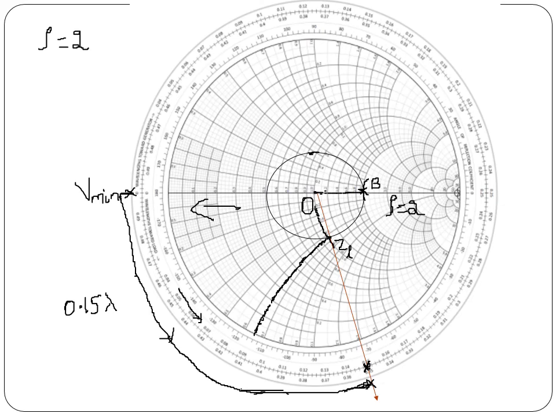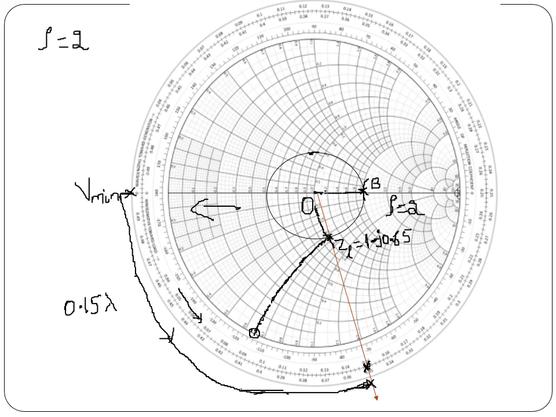This R circle is equal to 1 and jX is minus 0.65. This is the normalized load impedance.